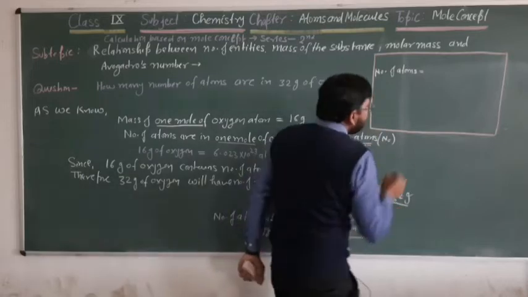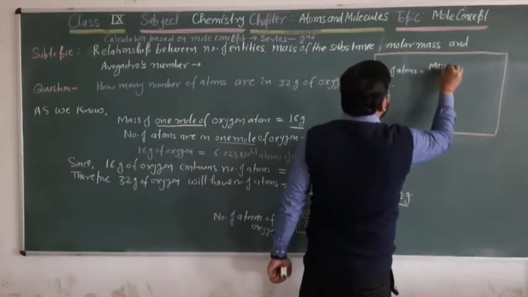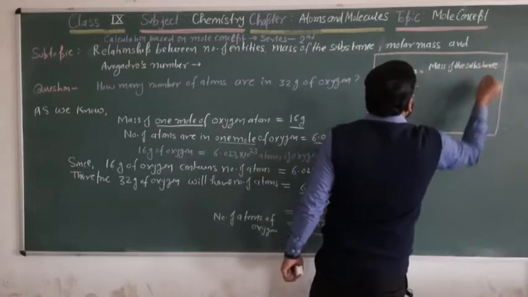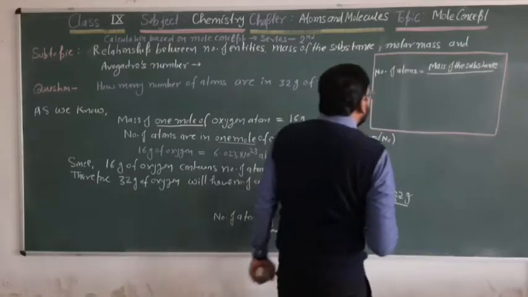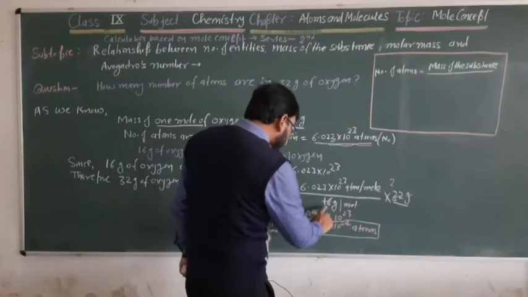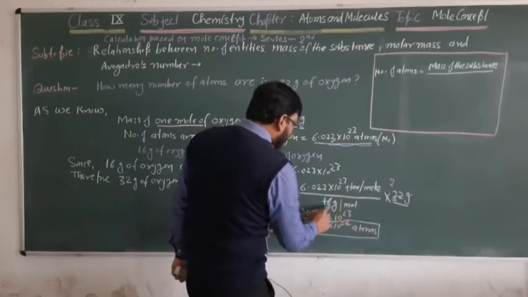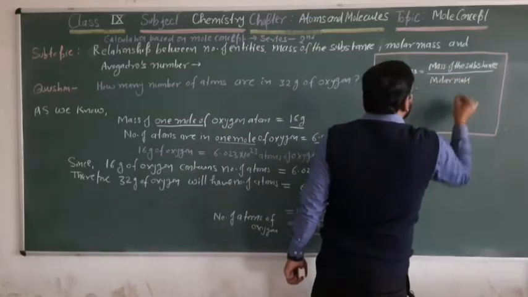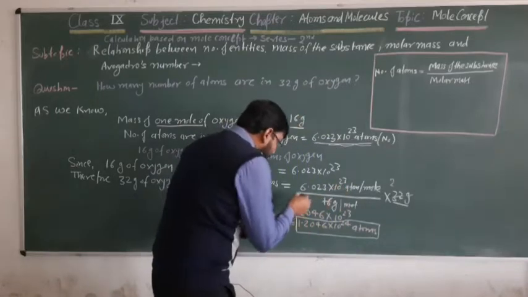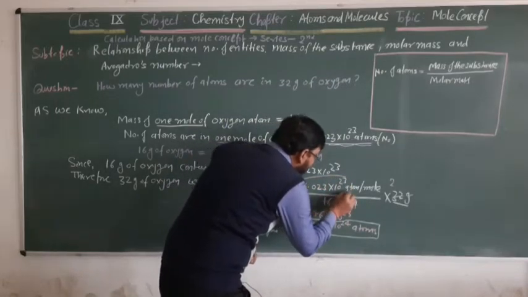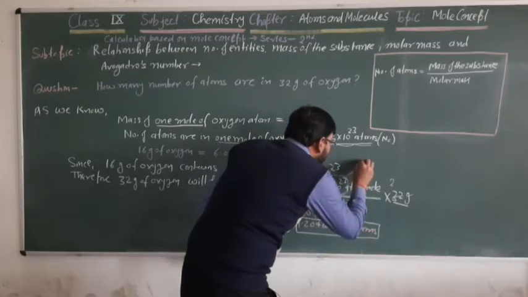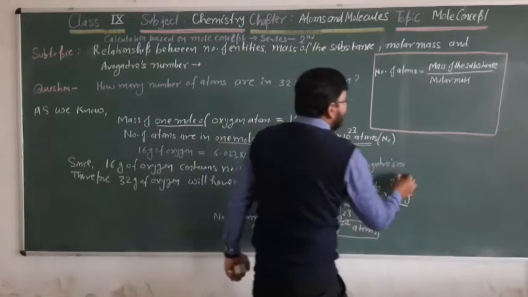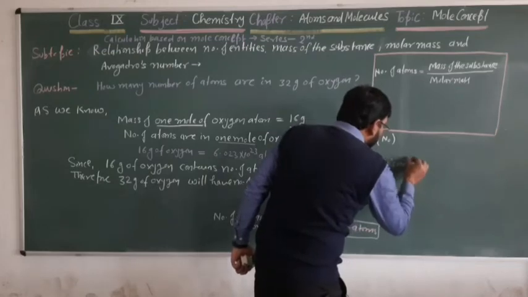This value is the mass of the substance, this is the molar mass, and this value is the Avogadro number, which we can write by the symbol N naught.